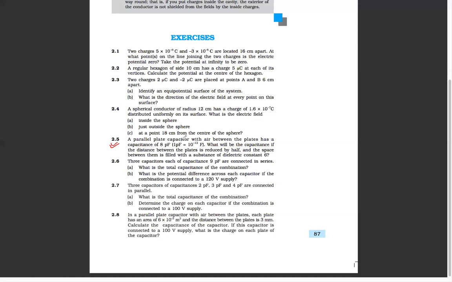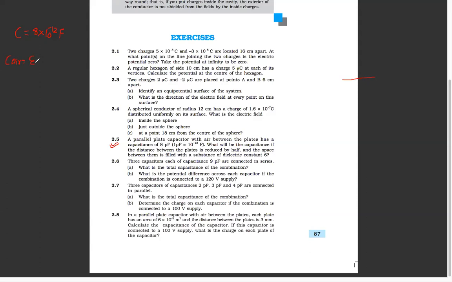A parallel plate capacitor with air between the plates has a capacitance of 8 picofarad. So the capacity is 8 into 10 raised to the power minus 12 farad. This is the capacity of the capacitor. What will be the capacitance if the distance between the plates is reduced by half and the space between them is filled with a substance of dielectric constant 6?